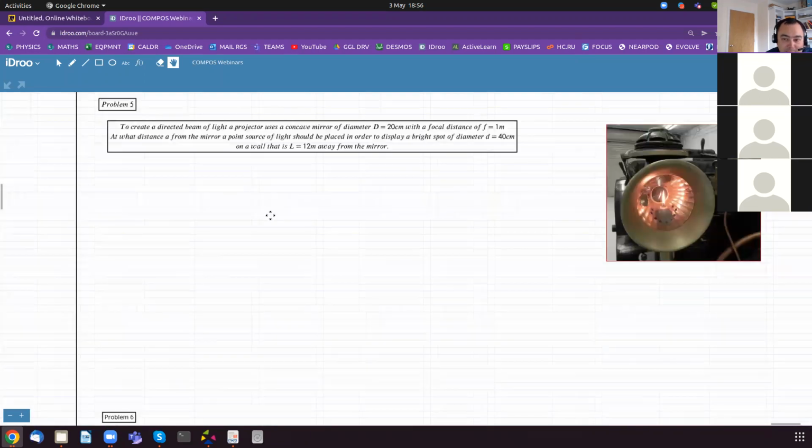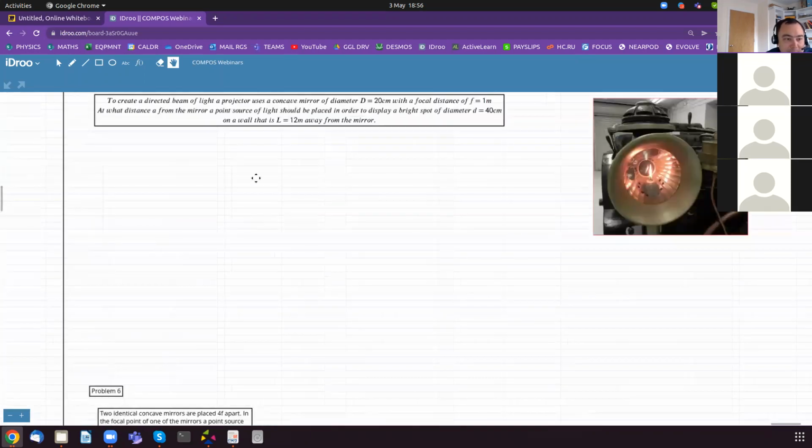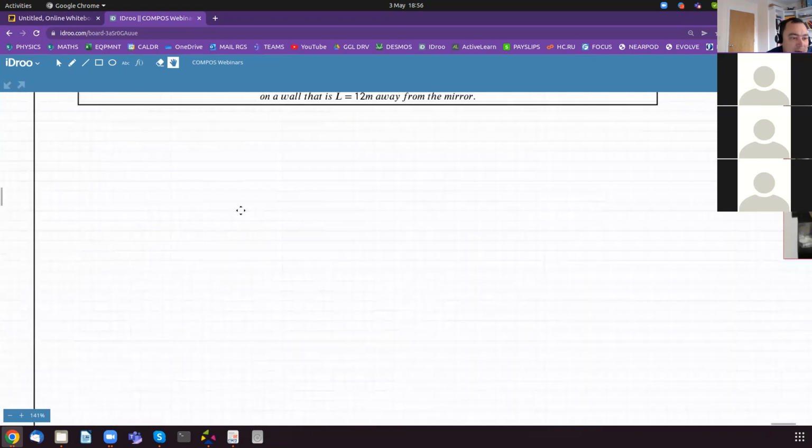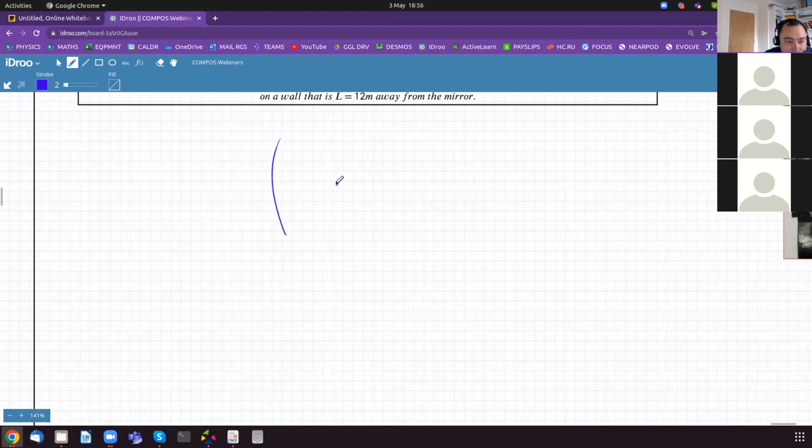Hopefully it won't disappear this time. Okay, so we have a curved mirror. We have the source. And this is the distance to the source, A. This is the diameter of the mirror, D. And then drawing light.